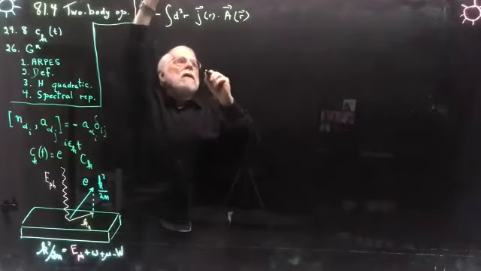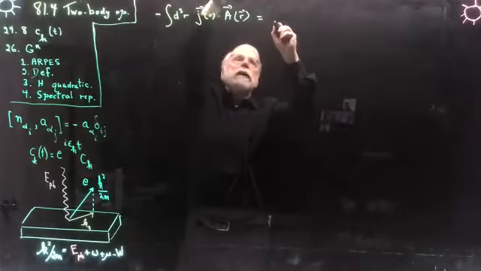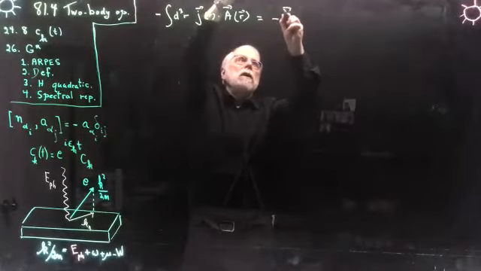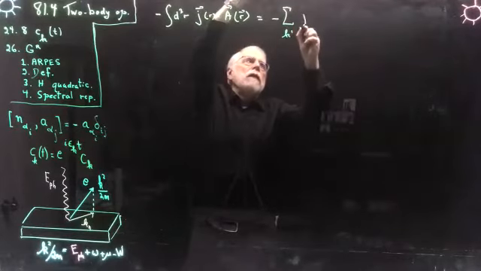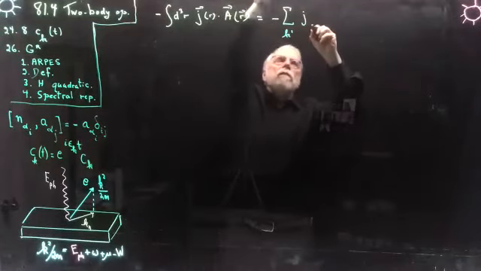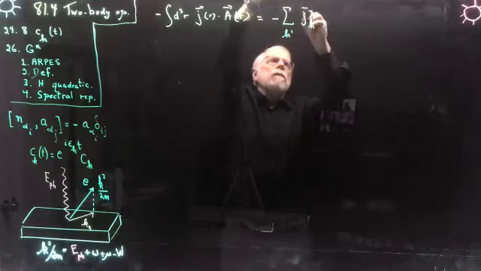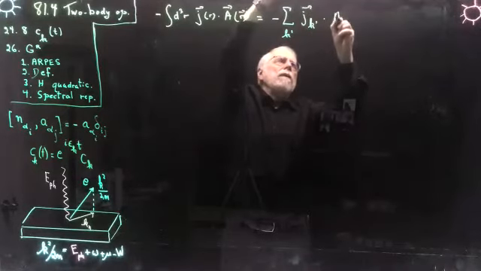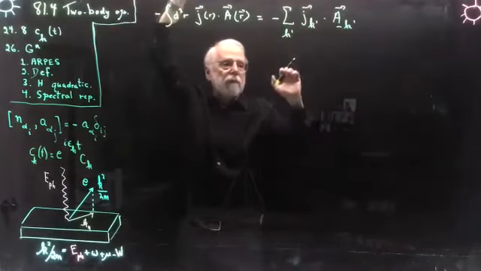Okay, so it can be written, let's write this in momentum. So it's equal to minus sum over k prime of j of k prime dot a of minus k prime. Right, that's Parseval's theorem.